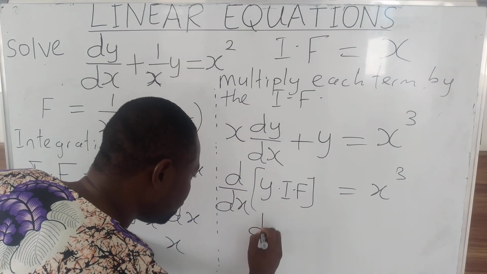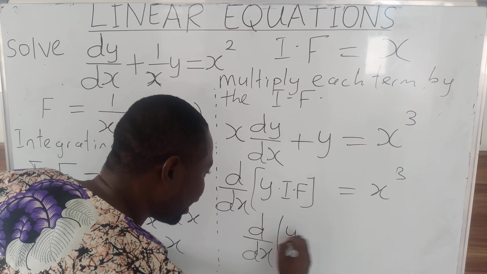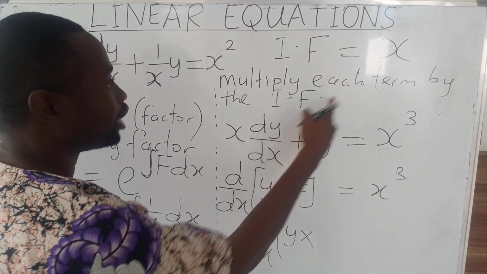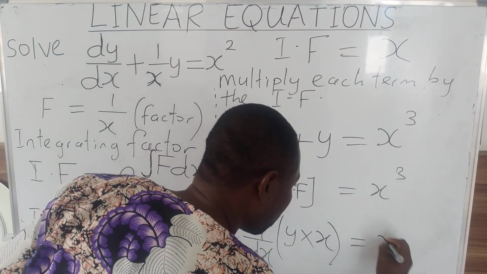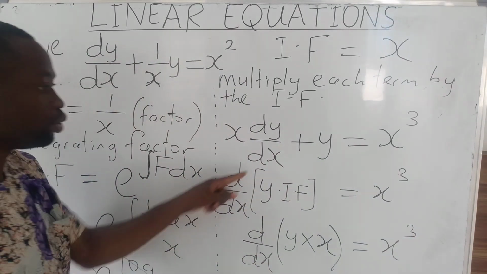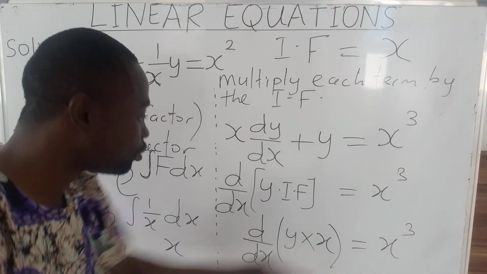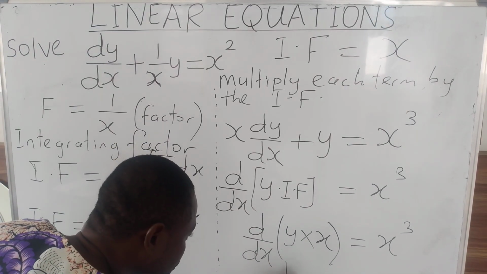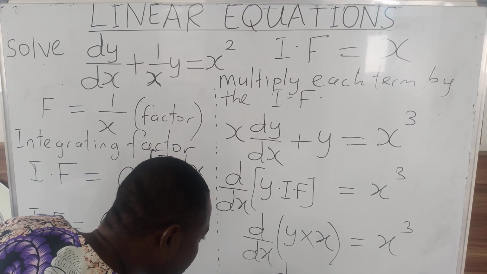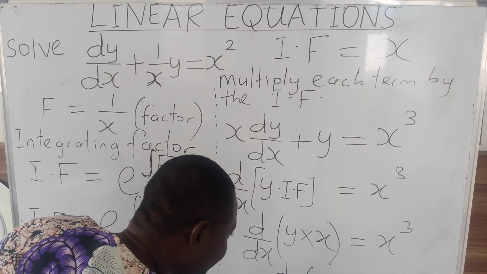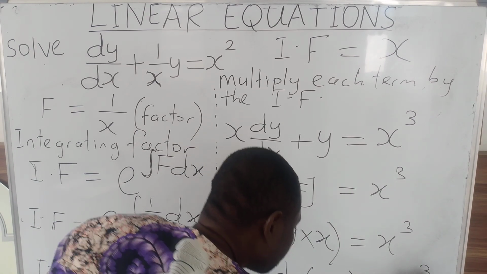So you have d/dx of y times, what is the integrating factor? That is x. y times x is equal to x cubed. We only use this formula when you get here, d/dx of y times integrating factor. So I have d/dx of yx is equal to x cubed.